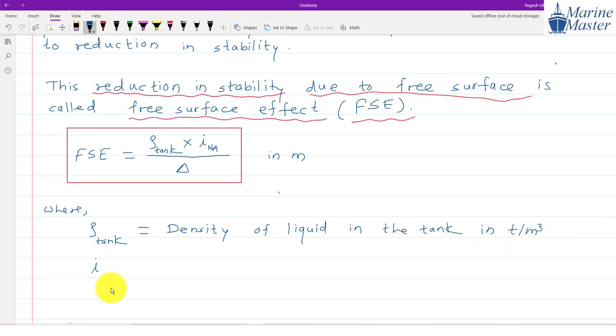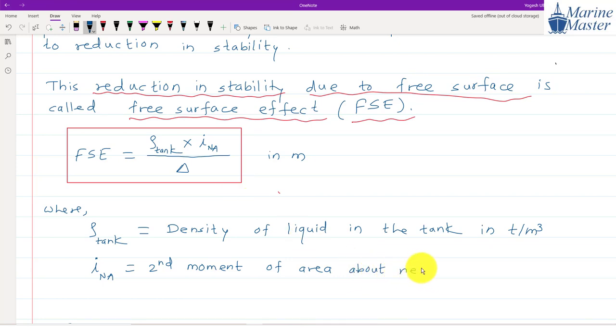INA. INA means what, guys? I means second moment of area. Second moment of area about NA, which stands for neutral axis, guys.